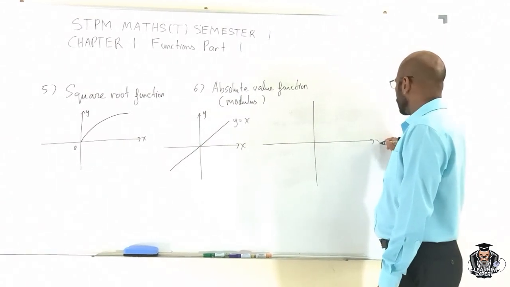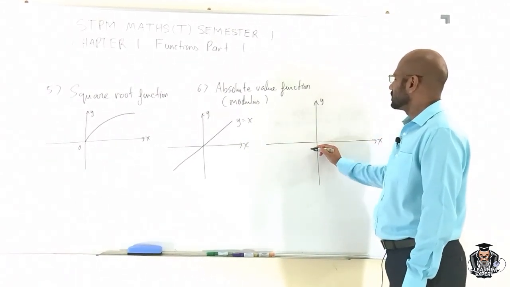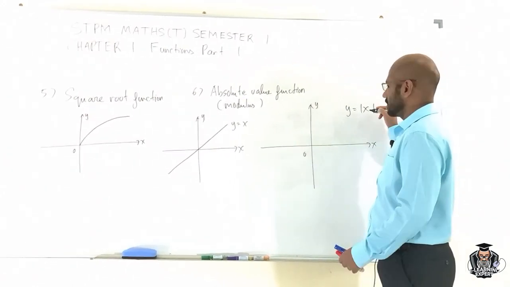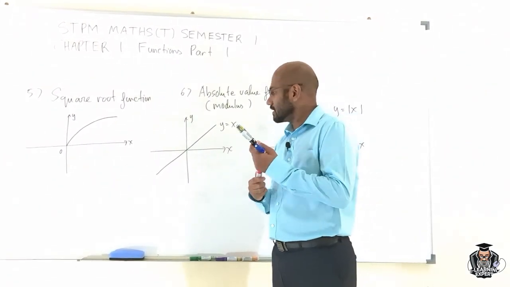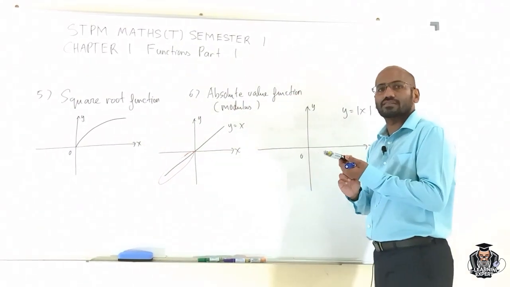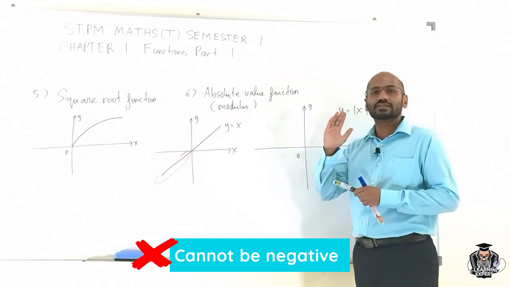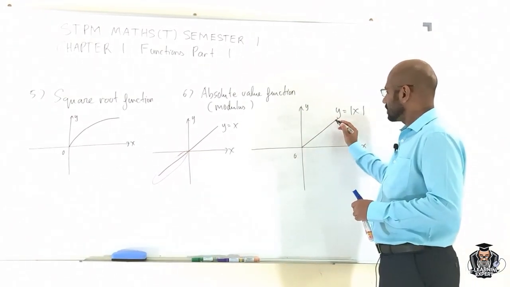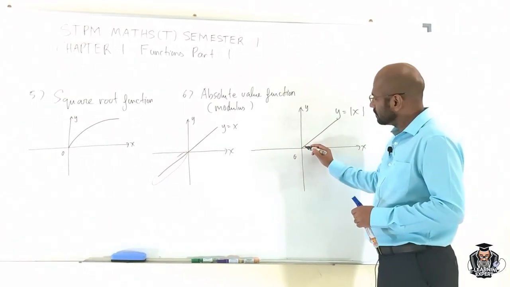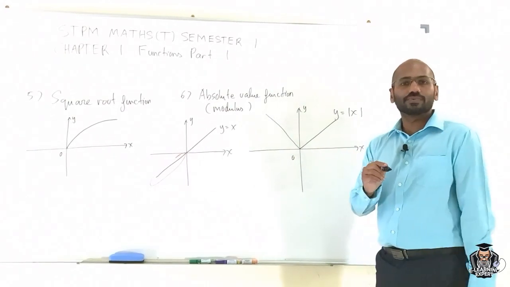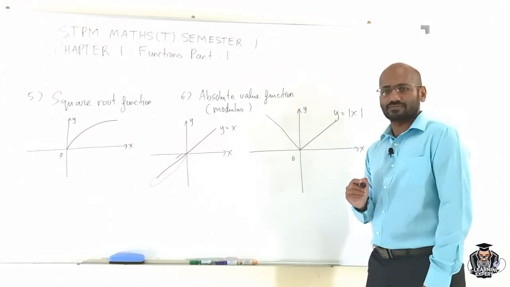If I were to draw the absolute value function of this graph, or y equals modulus x, see this part, guys and girls, the part below the x-axis is reflected because a modulus function cannot be negative. Therefore, we have the graph looking like this. But the part below here, we stop and we reflect up like this. So this is going to be a modulus function graph.